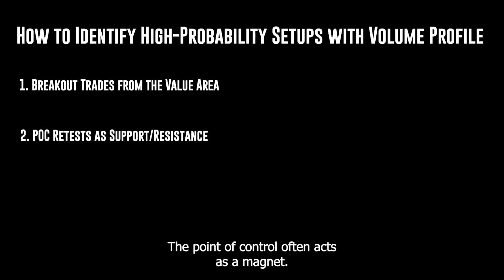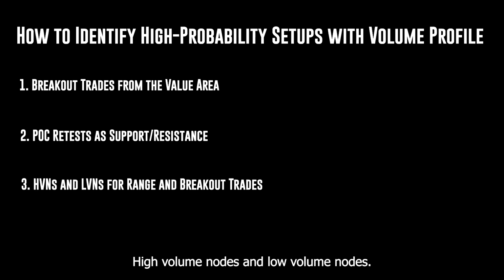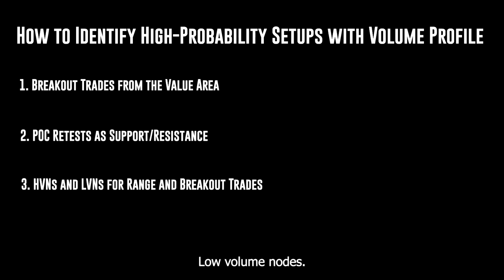The point of control often acts as a magnet. A successful retest of the point of control can provide great entry opportunities. High volume nodes and low volume nodes for range and breakout trades. High volume nodes indicate where price is likely to consolidate. Low volume nodes often lead to fast, aggressive moves, perfect for breakout trades.